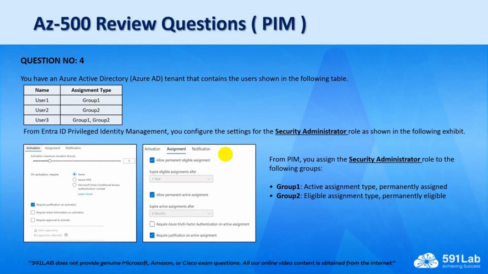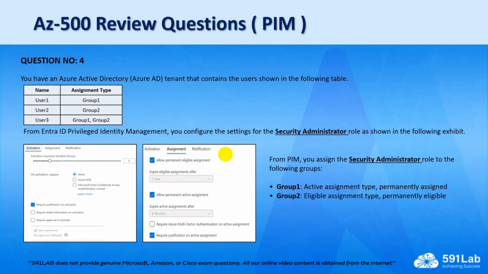So we have activation settings here, and then we have assignment settings. Okay, so just have a read. The activation maximum duration here is 5 hours. Fine. And there is no MFA enforced here, which is also fine. The next option is require justification on activation. So these are the options under activation.